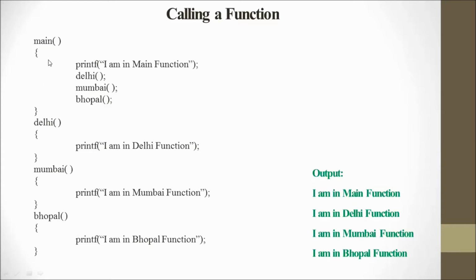So the main function will activate, and all these functions are completed. The main function will exit the program, because only the main function starts the program and exits the program.